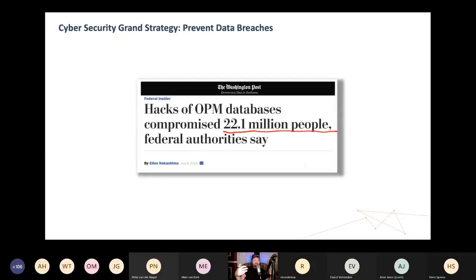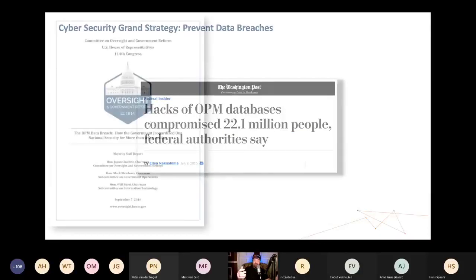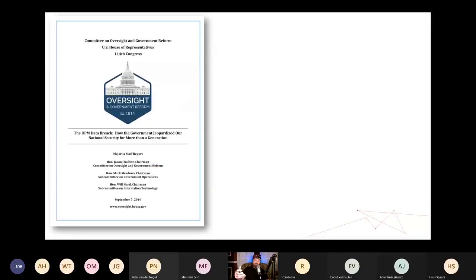And if you've seen Mission Impossible, remember Tom Cruise hanging upside down on that funky trapeze to steal the knock list, the non-operational cover list? Well, it was stolen because they didn't have any security around it. If you read about it in the OPM Data Breach report that the U.S. Congress created, it's a fascinating story.